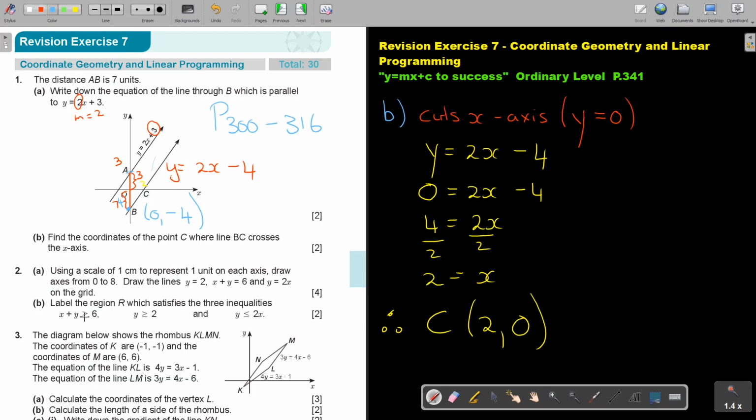Because as soon as I see inequality signs and it's talking about graphs, I know it's linear programming. If you want to revise it, you will find that on page 319 to page 324. Okay, but let's start.